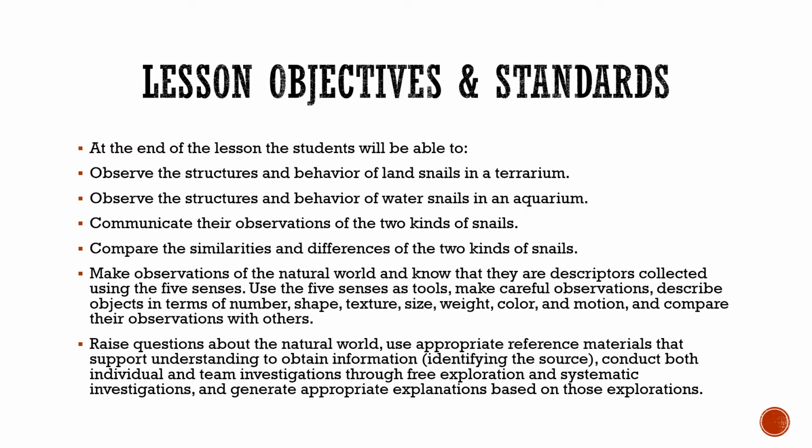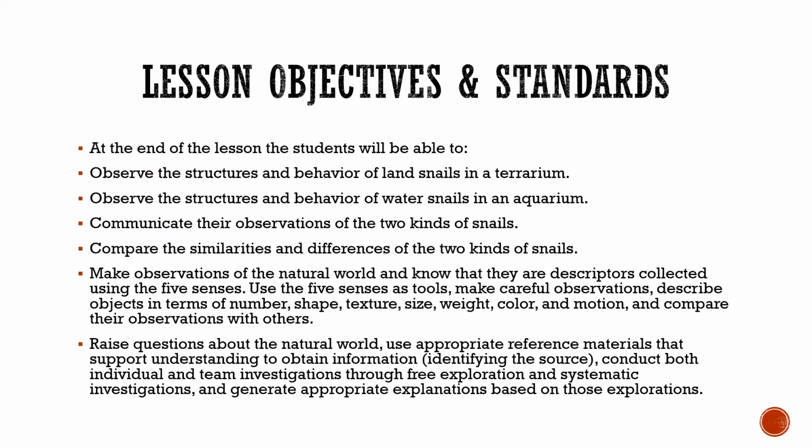Make observations of the natural world and know that those are descriptors collected using your five senses. Use the five senses as tools and make careful observations, describing objects in terms of number, shape, texture, size, weight, color, motion, and compare your observations with others.